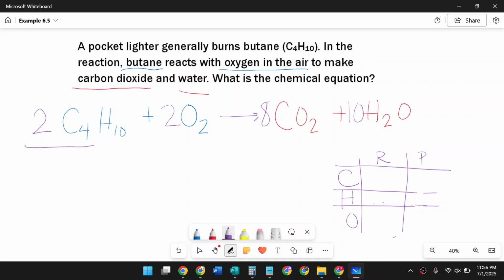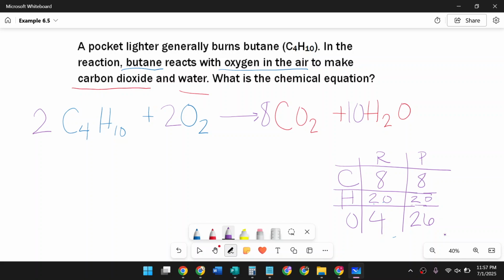Alright, so we have 2 times 4 makes 8 carbon on this side, and we also have 8 carbon on this side. Hydrogen has 2 times 10 is 20 on this side, and we have 10 times 2 is 20 on the other side. Oxygen has 4 over here, and oxygen has 8 times 2 is 16 plus 10 more, so we have 26.